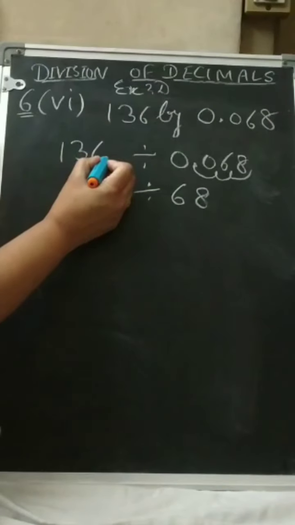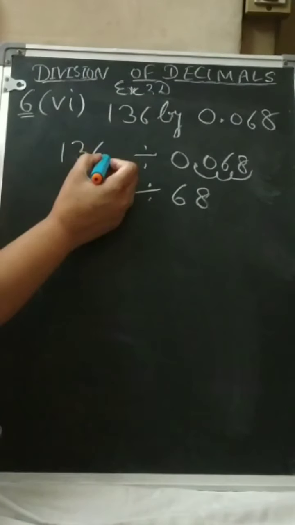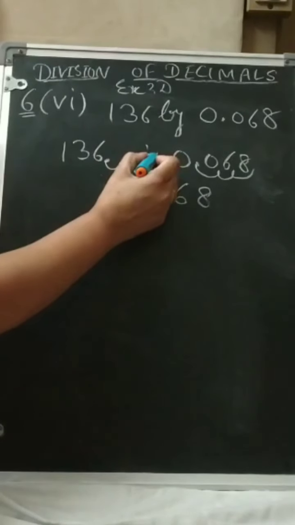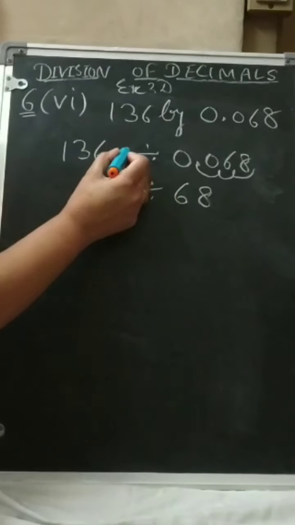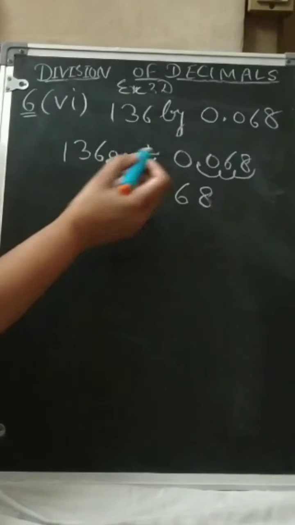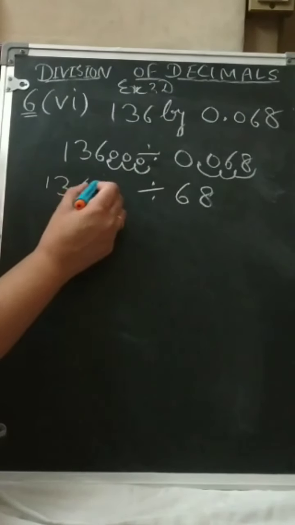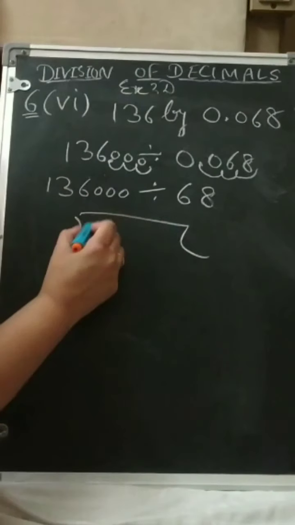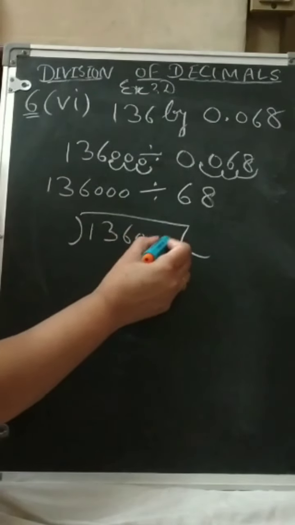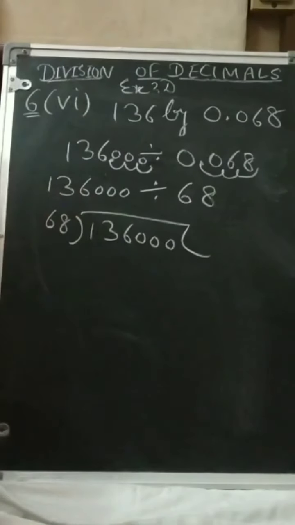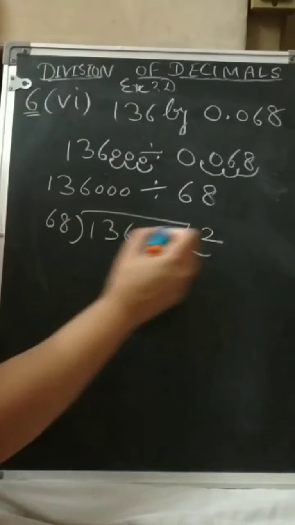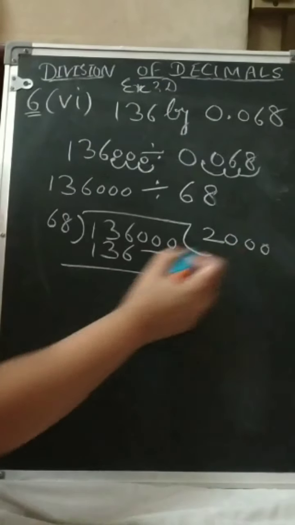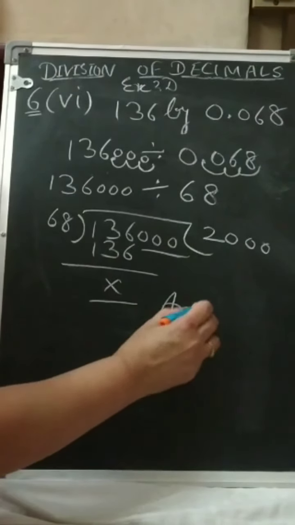So here the point is already present, you know. This point, 1, 2, 3. 3 steps we will move further. So these zeros you will put yourself and what will come? 136,000. Now you can divide this. It will go with 2 and these 3 zeros we can put here and our answer is 2000.